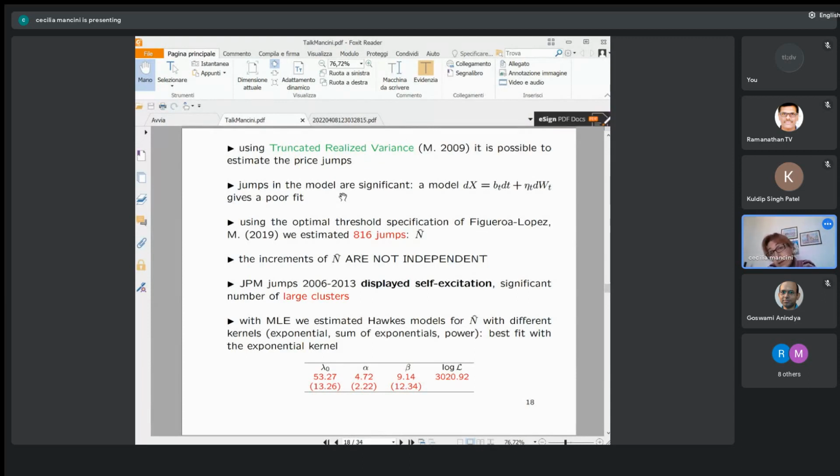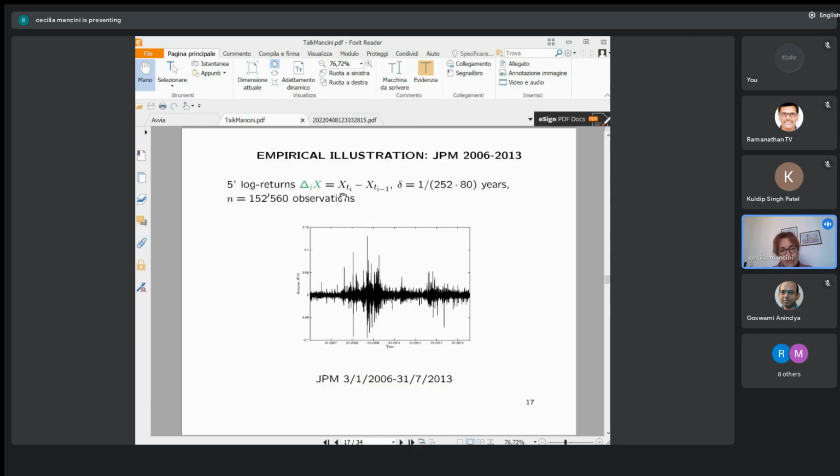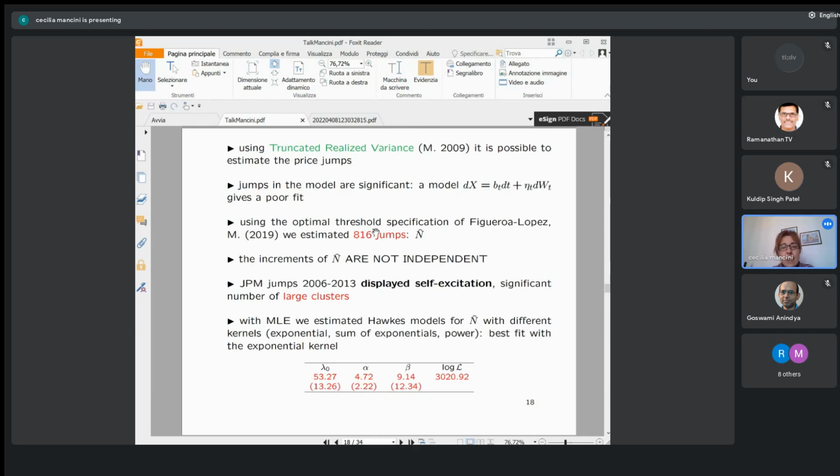First of all, we checked whether jumps were necessary to explain the behavior of the log prices. In fact, we found that if we use the model without jumps, the fit would be poor. With this specification, we found 817 jumps over the whole period.